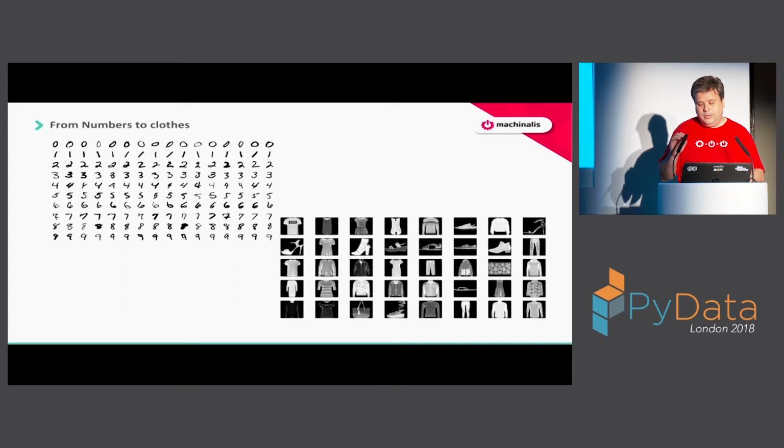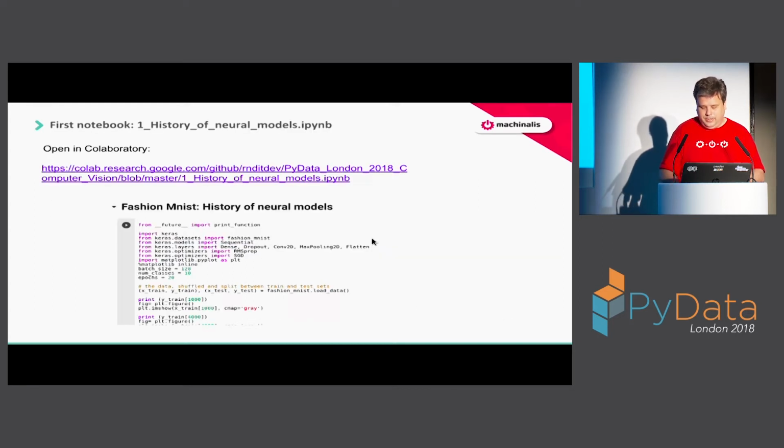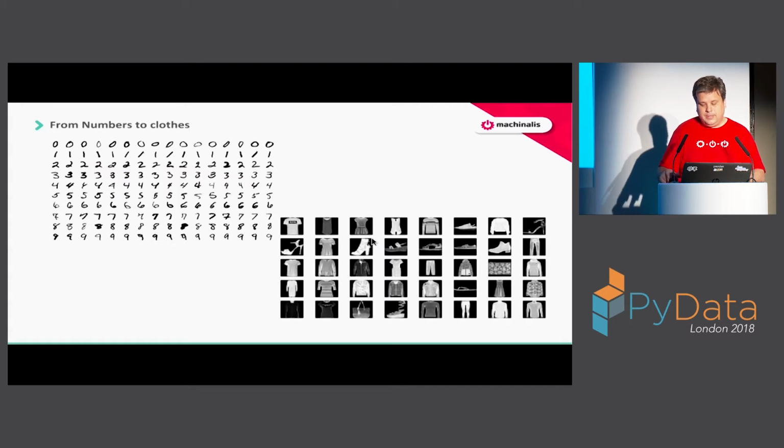So we'll try to train a model using this newer dataset. We'll feed it into a model, train it, and see how increasingly complex models get along with this new dataset.